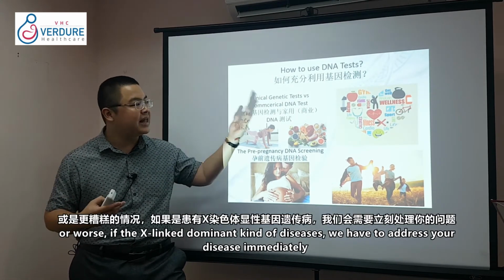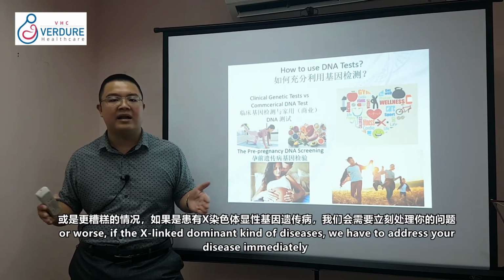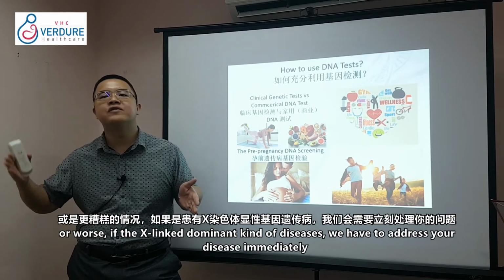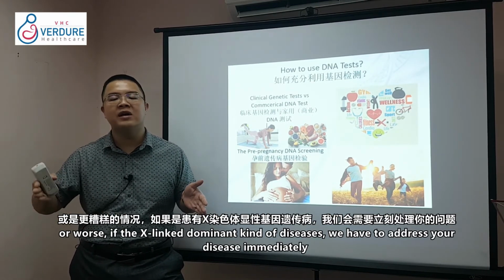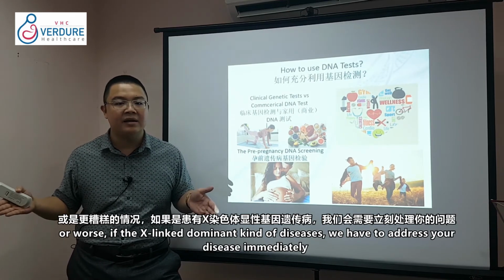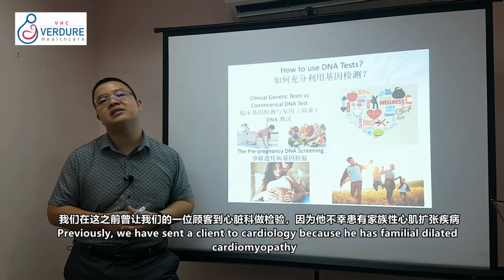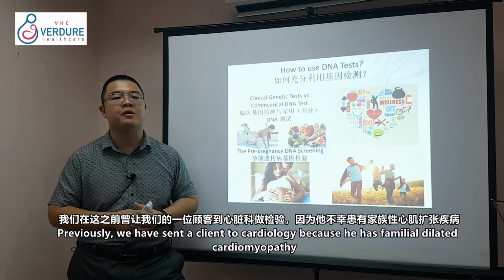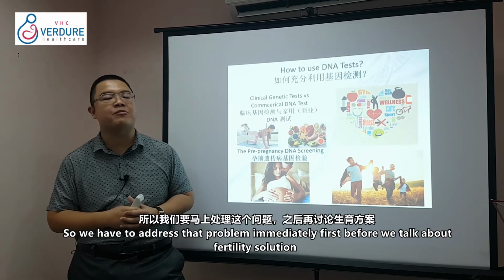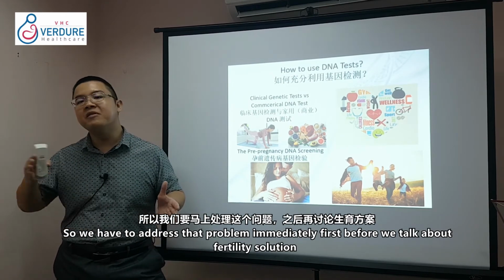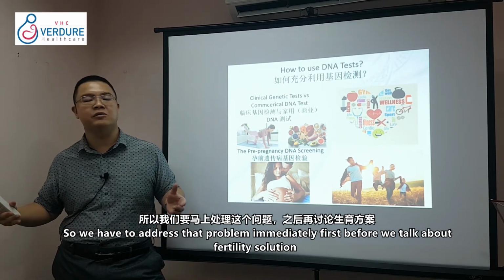Or worse, if let's say the X-dominant kind of diseases, we have to address your disease immediately. Okay, previously we have sent a client to cardiology because he has familial dilated cardiomyopathy. So we have to address that problem immediately first before we talk about fertility solution.